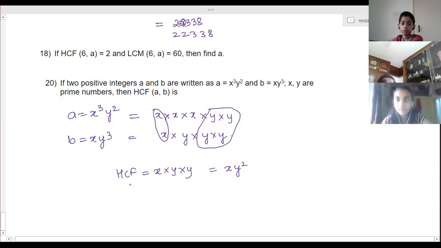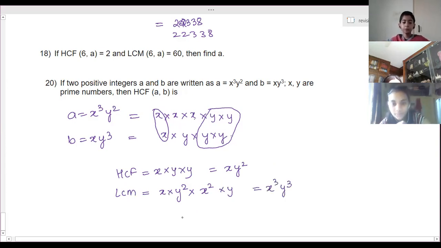And if you want to find LCM, then write the common ones one time and all the uncommon things. x square is not common, so we write x into x as it is, and one y is left out, that we have to write. So LCM is x cube y cube. Right? This is your HCF and LCM.